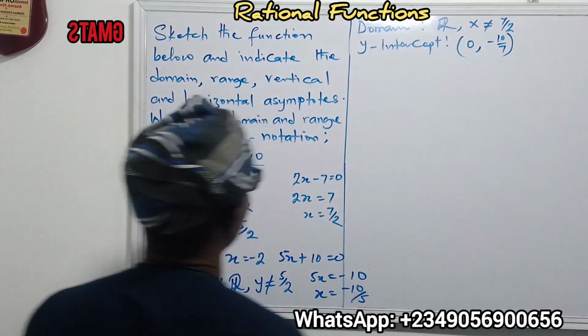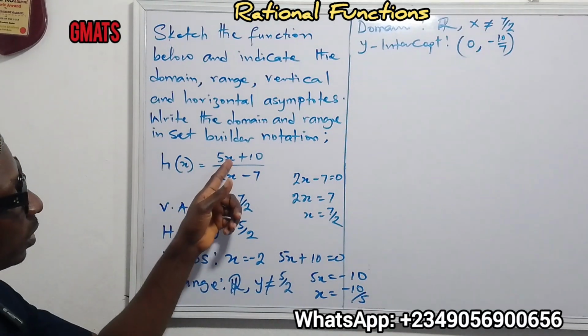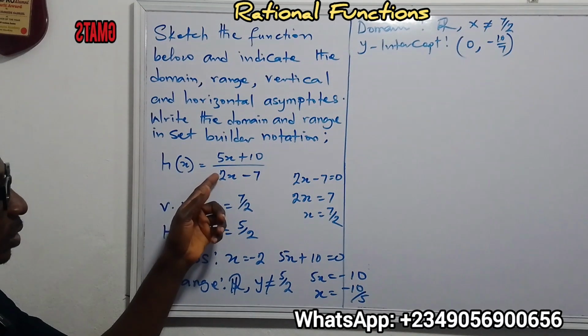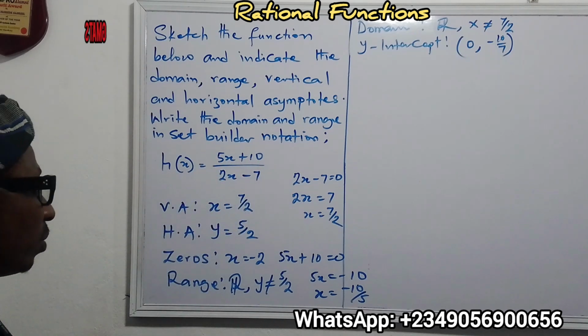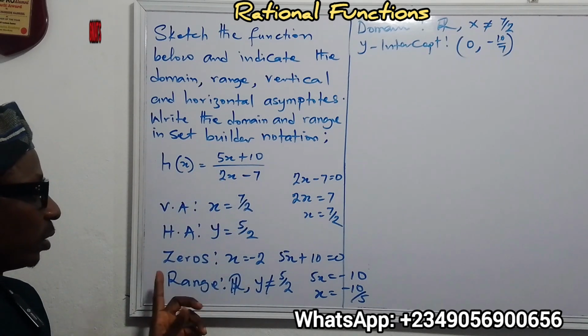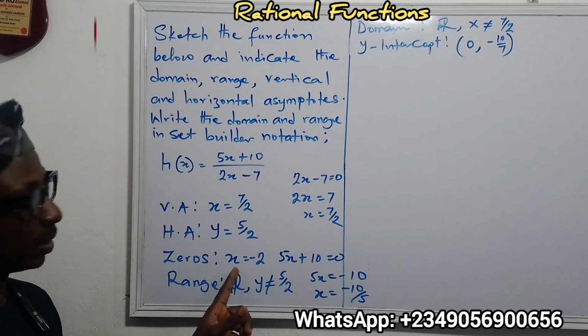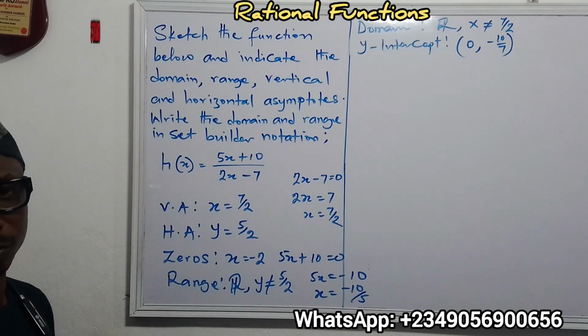Hope you understand that. Once you plug in 0 here, this turns to 0 and this turns to 0. So you are left with 10 over minus 7. Now, your zero can also be written as minus 2 comma 0.